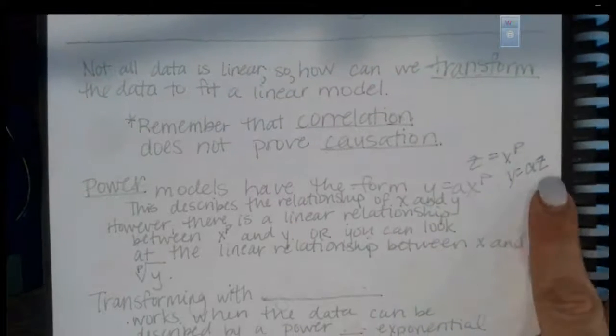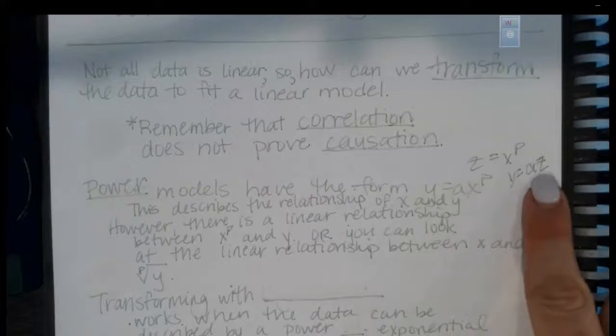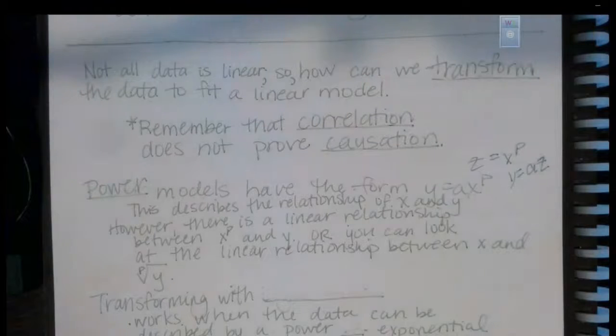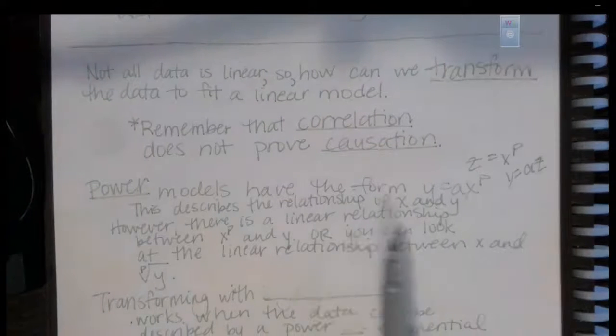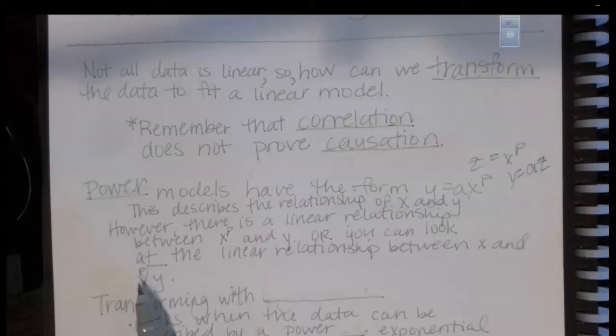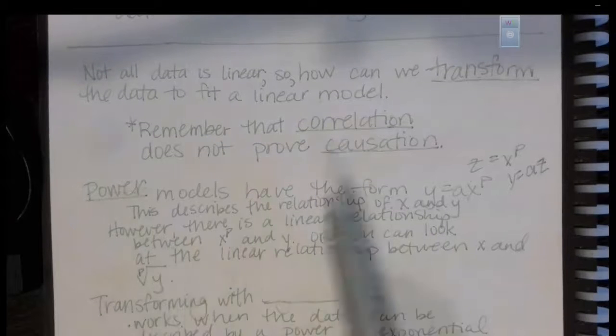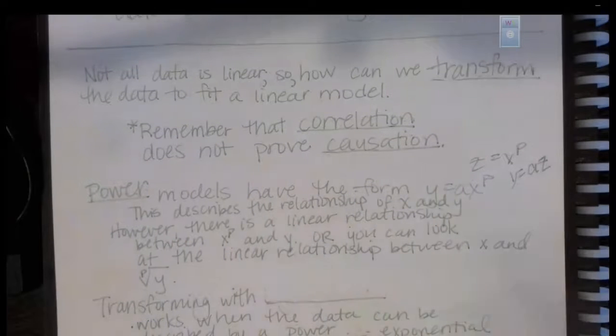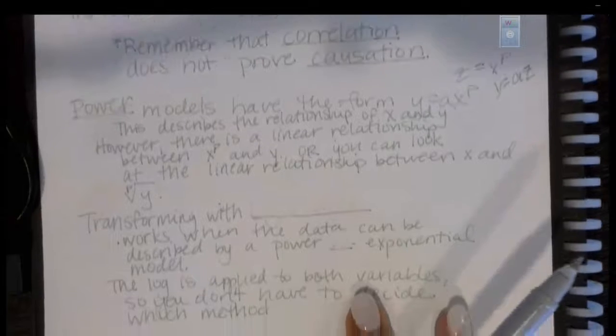Well, that's linear, because we now have a variable of the power 1. Or you can look at the linear relationship between x and the pth root of y. If we were to take the root of this, then you'd also see a linear relationship there.